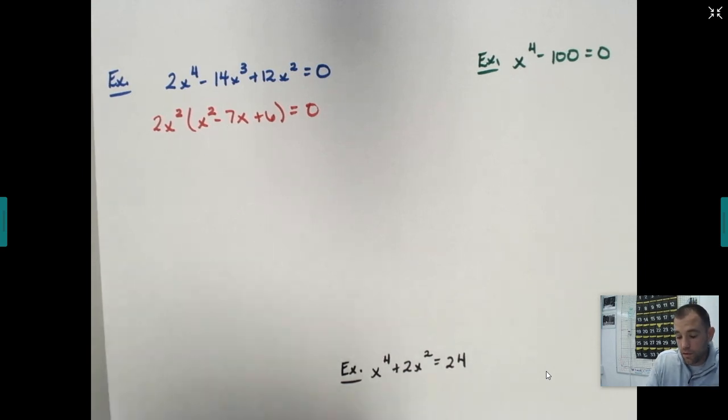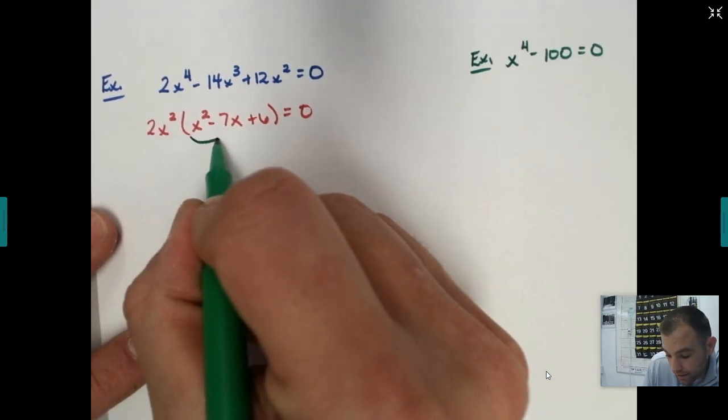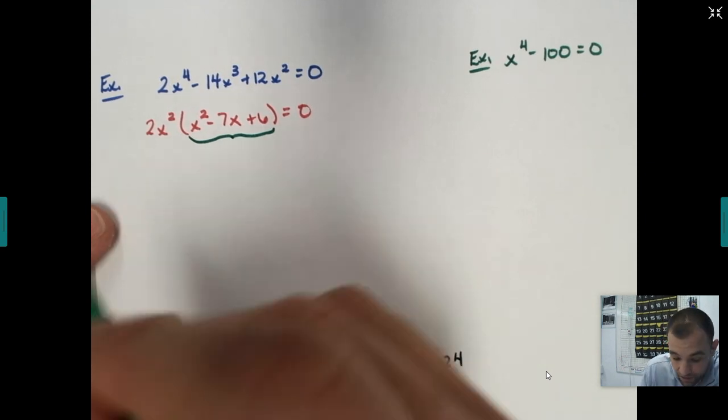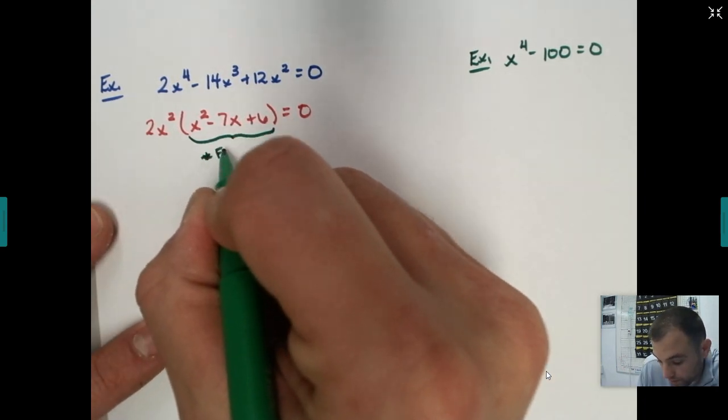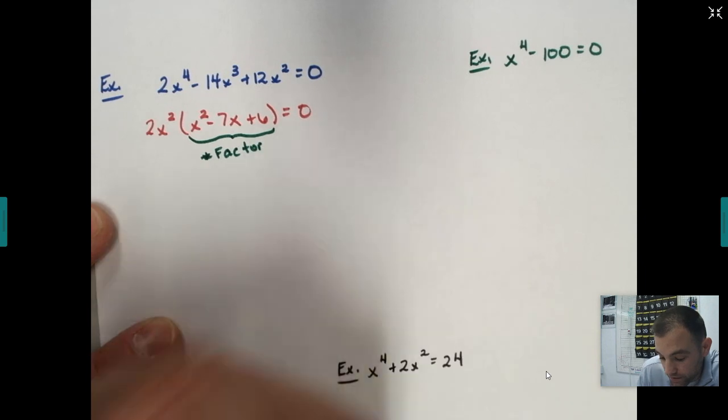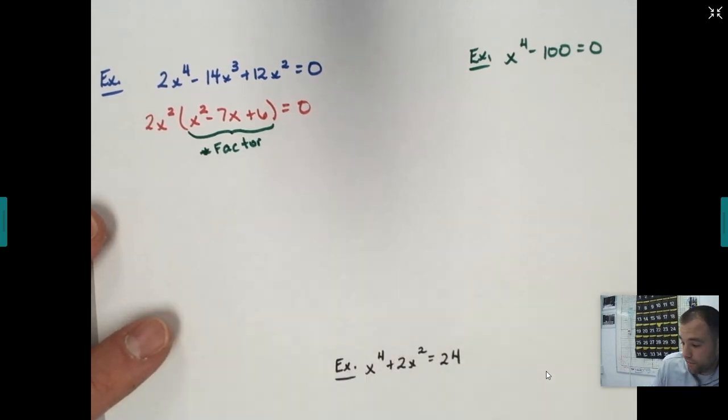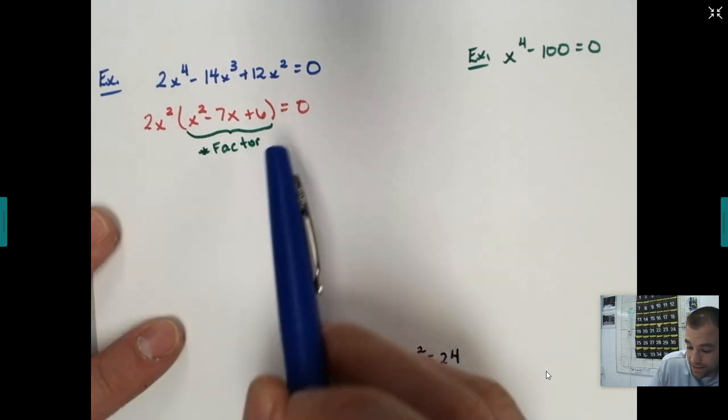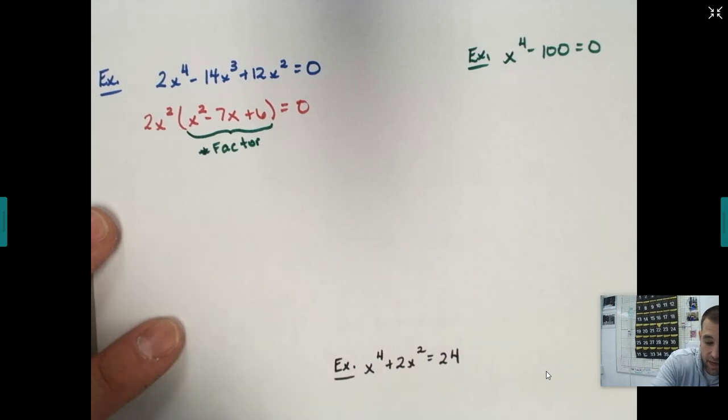This part right here is exactly like what we did last semester. So we need to factor this again. I took out the GCF, but now I need to factor even further. If you recall, we talked about how to factor last semester. What multiplies to get 6, but adds to get -7?